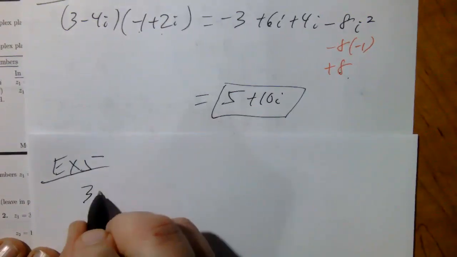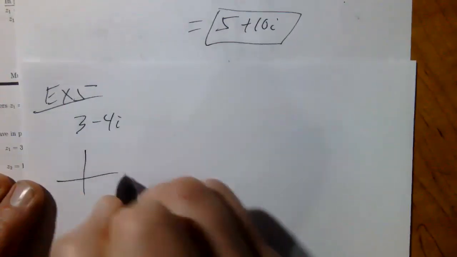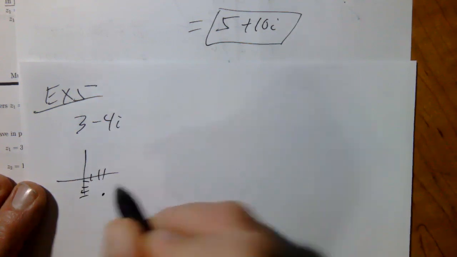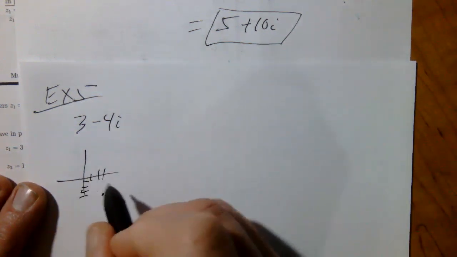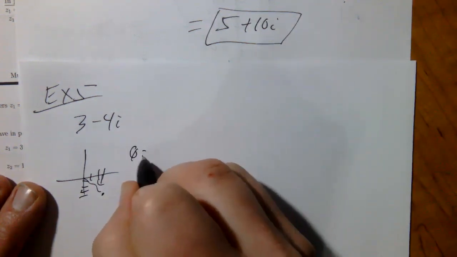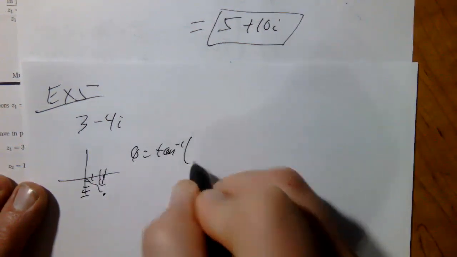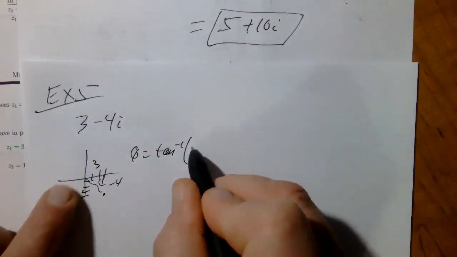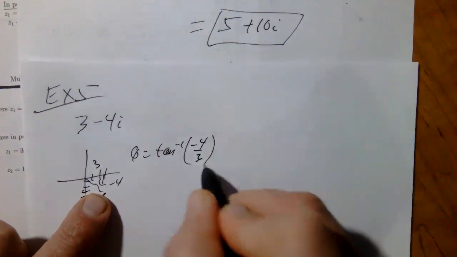So let's say I wanted to convert this to polar. So 3 minus 4i, right? So you're going right 3, down 4. Okay, so we need an angle here. Now, for simplicity, you could rotate down. So the angle here, you can use the inverse tangent of negative 4/3, because you went down 4 and right 3.